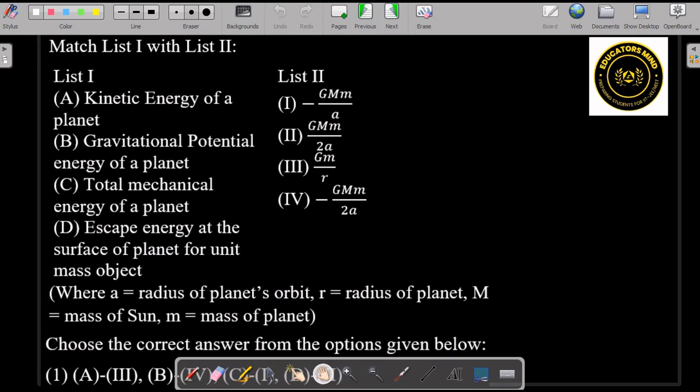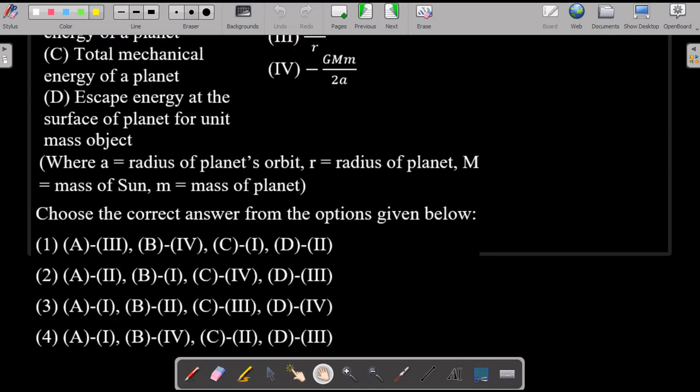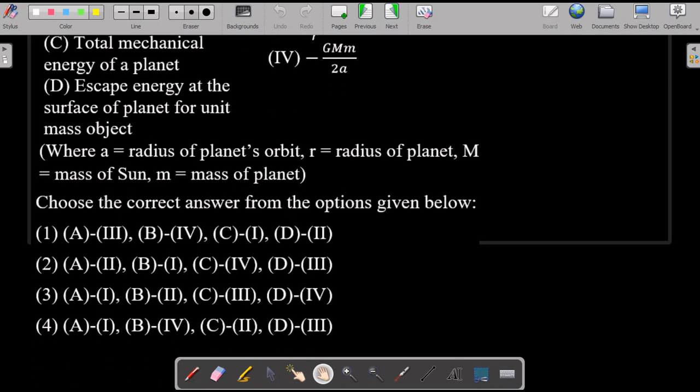There is a match-the-following type of question here, and we need to match. Before doing matching questions, just look at the options and see which thing we can check or eliminate.